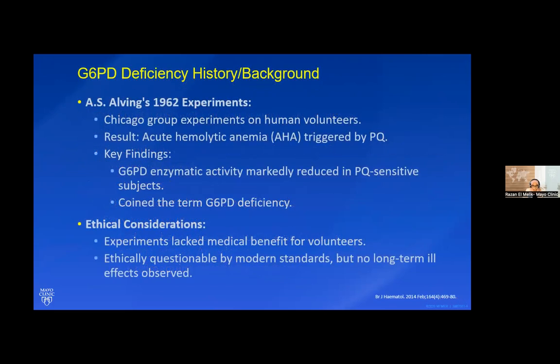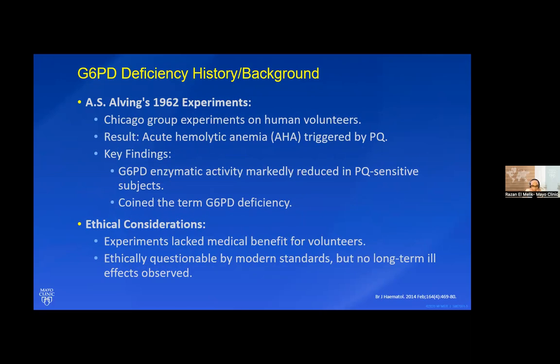Then next in 1962, there was a Chicago group experiment on human volunteers, and the result was acute hemolytic anemia, or AHA, which was triggered by primaquine. From there, noticing that this actually happened in patients who had decreased G6PD activity, they came up with the term G6PD deficiency.